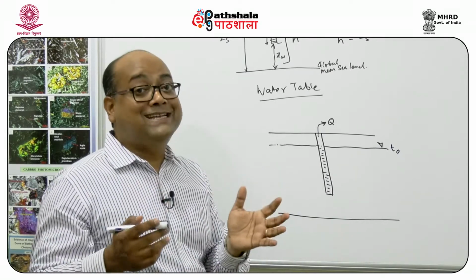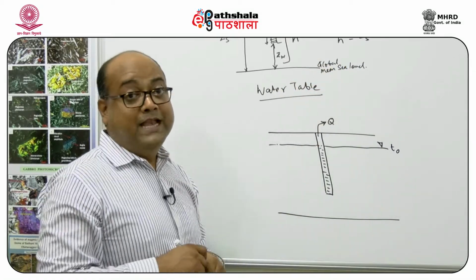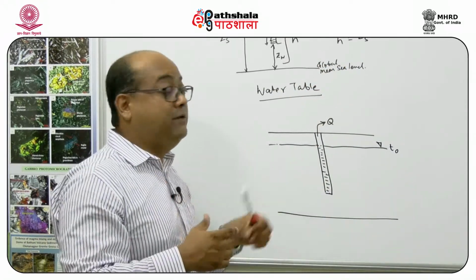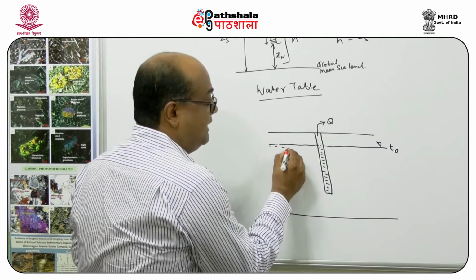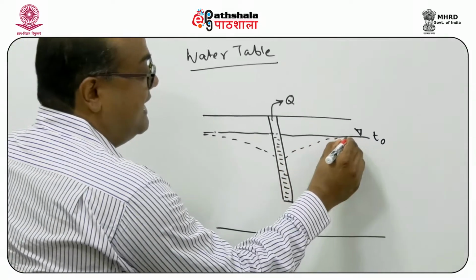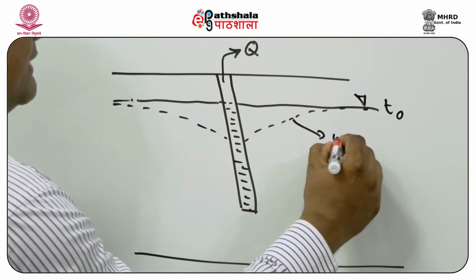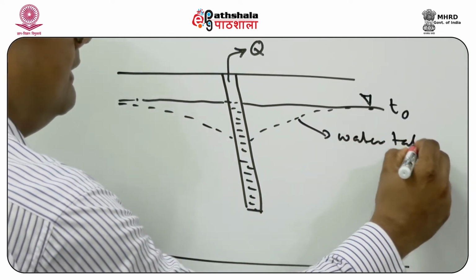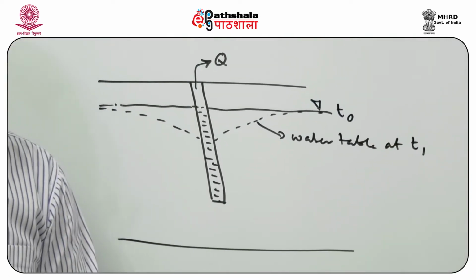Now suppose that at time t1, I started pumping out water. The water table is going to appear something like this: the status of the water table at time t1 after pumping has started.